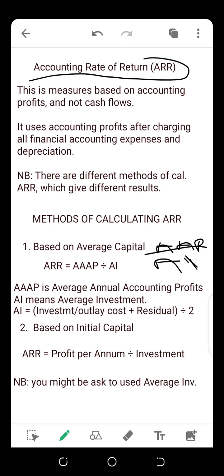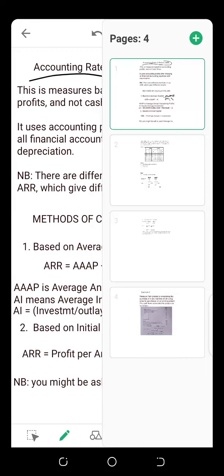You might be asked to solve it using a different approach. There are instances where you'll be told, based on the initial capital, to take profit per annum divided by average investment. So depending on what you are asked to prepare, let's take a question.